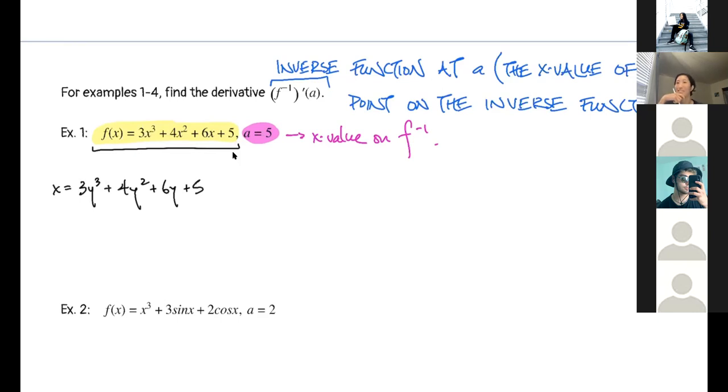Solve for y. Okay. I'm going to go ahead and take one for the team. I'm going to subtract 5 from both sides. Now what? How do we get y by itself?